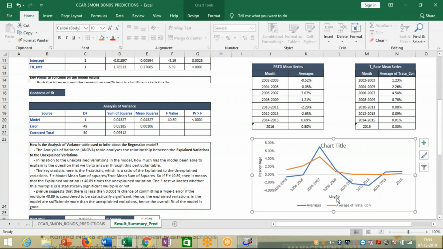So you have the months over here. So trend of means for PRTD and T rate.